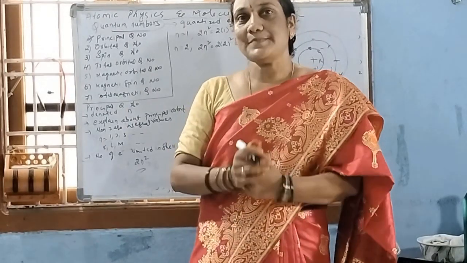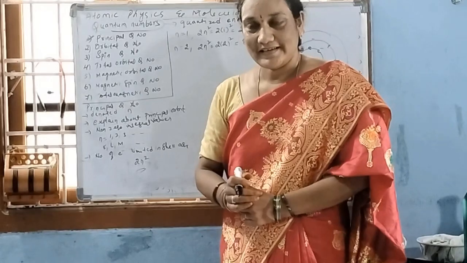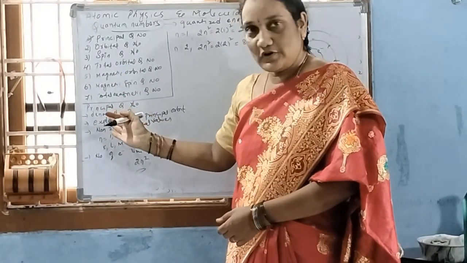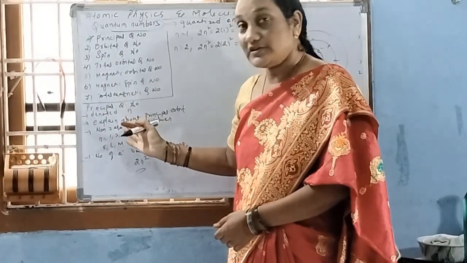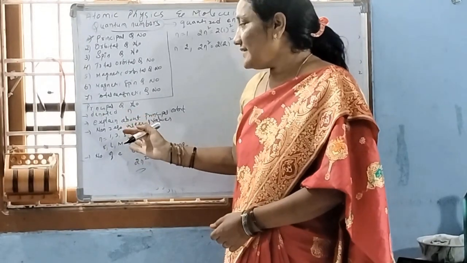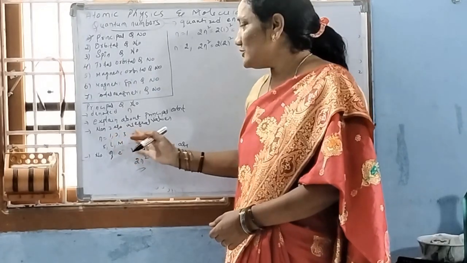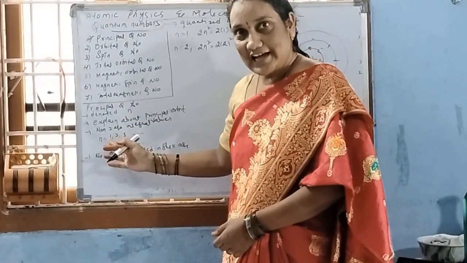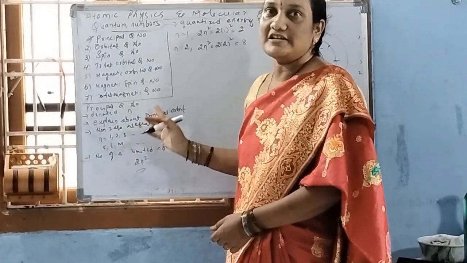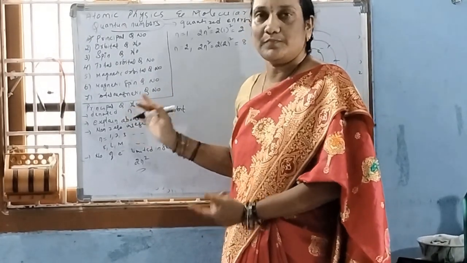Okay. Now, this is about the principal quantum number. It is denoted by n. It explains the principal orbits or main orbits of the atom. It has non-zero integral values, that is n equal to 1, 2, 3, and so on. These 1, 2, 3 are denoted by K, L, M, N, and so on as per Bohr's theory.